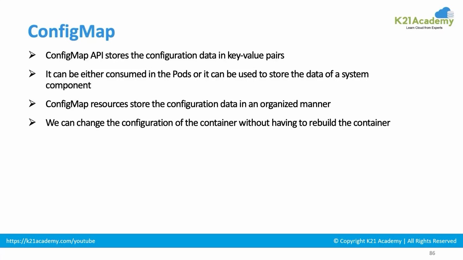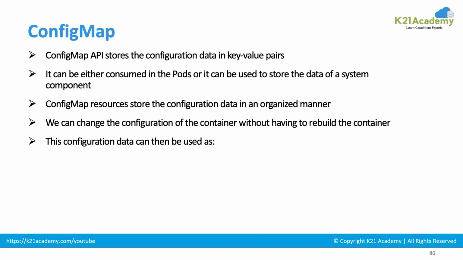This way we can organize our configuration data in a much easier way. There could be 10 containers which have similar configuration and the same values to be provided. I need not go and change each of the containers and rebuild them, right? I can change it in a single place and that should reflect in each of the containers.